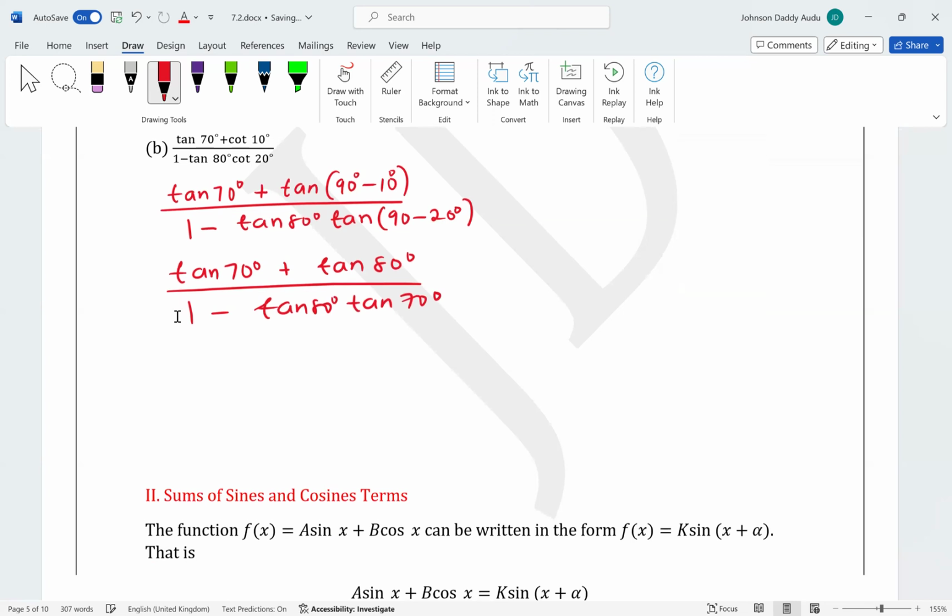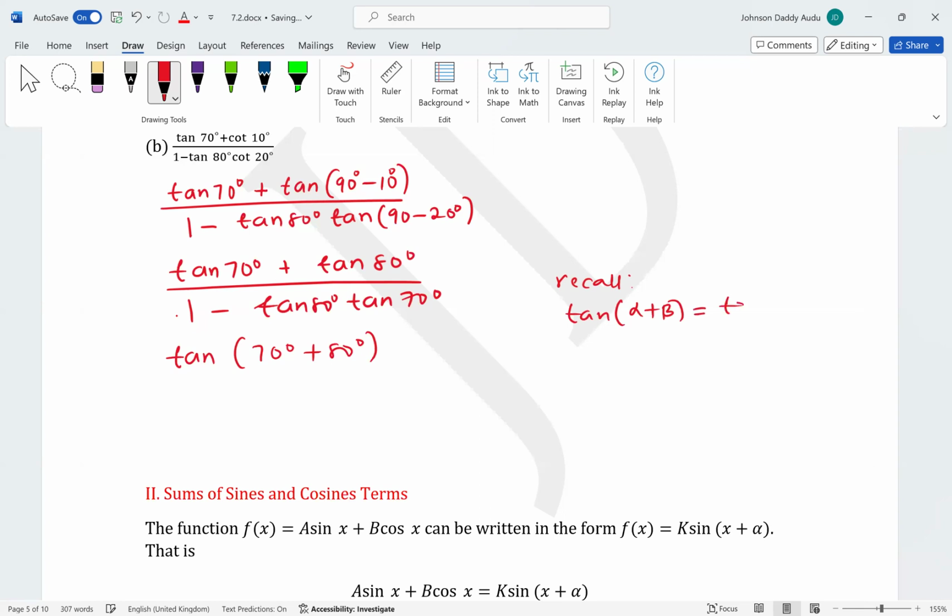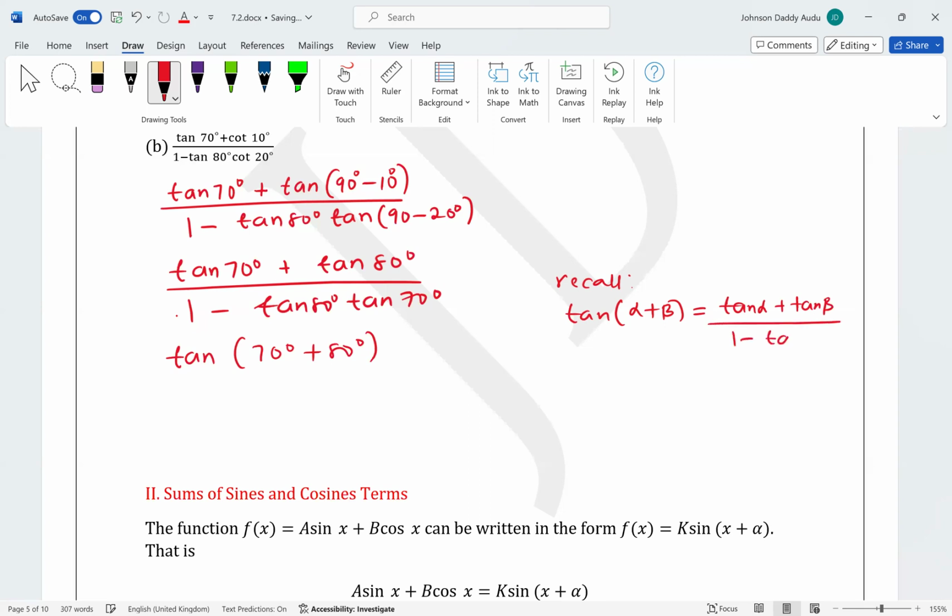So if you remember the formula, you will see that this is nothing but what? Tan of what? 70 degree plus 80 degree. Recall that tan of alpha plus beta is nothing but tan alpha plus tan beta over 1 minus tan alpha tan beta.